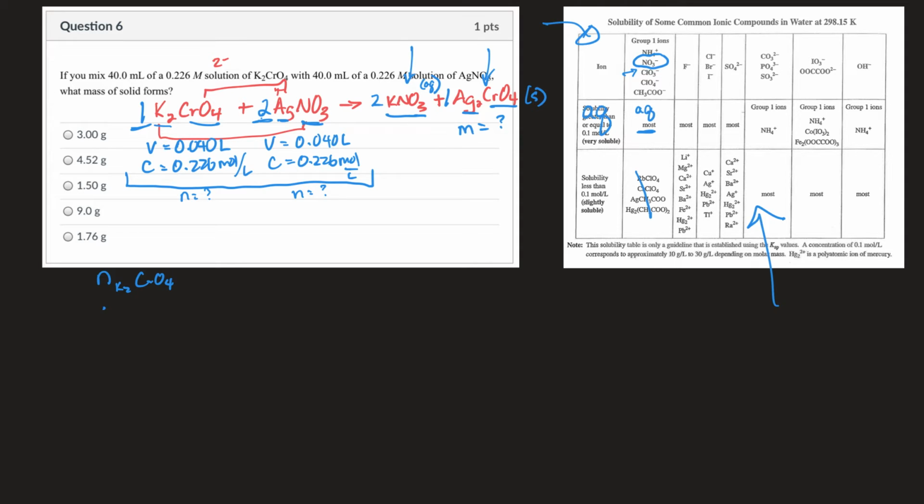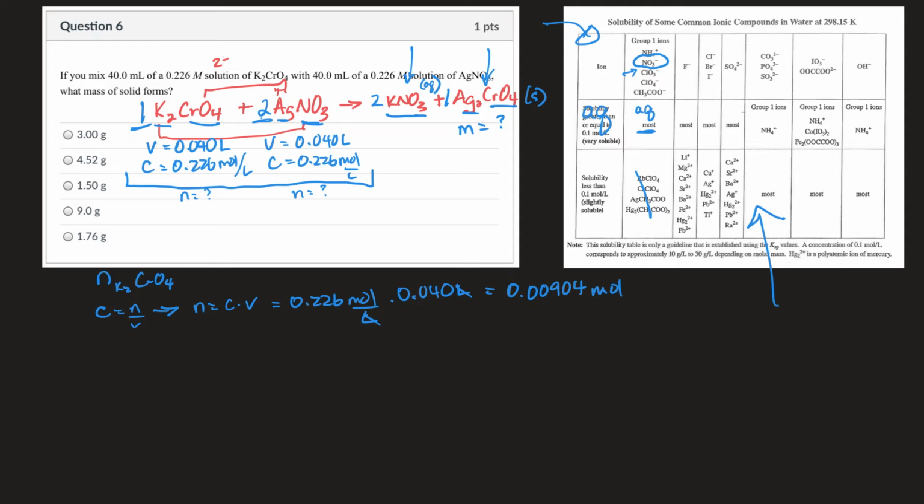Concentration is equal to moles over volume, so moles are equal to C times V. If I multiply the concentration, 0.226 moles per liter, times the volume, 0.040 liters, then the number of moles is 0.226 times 0.04, a very small number, 0.00904 moles.